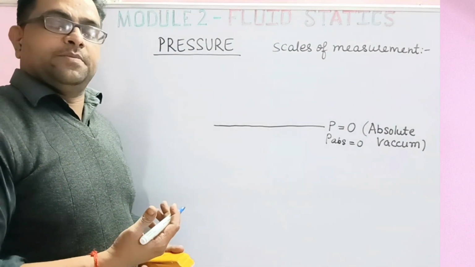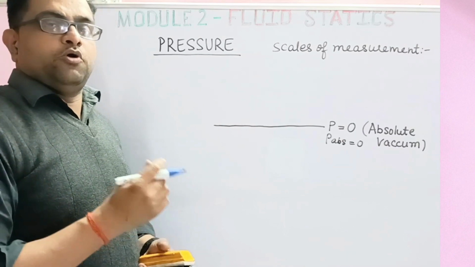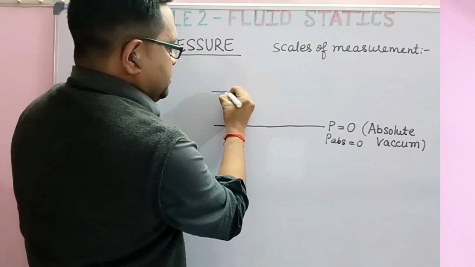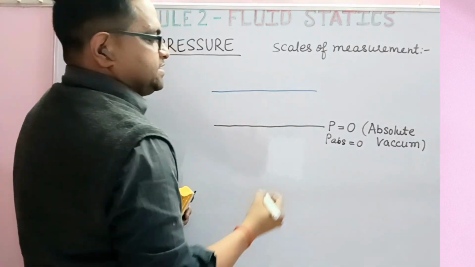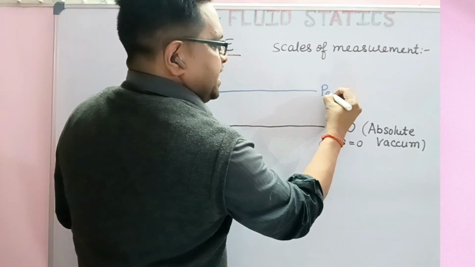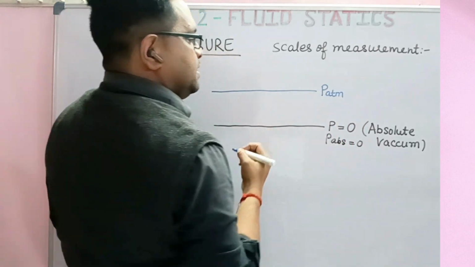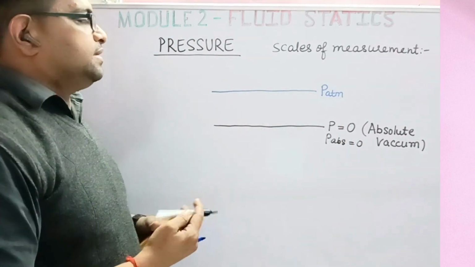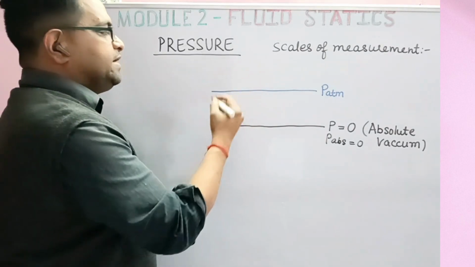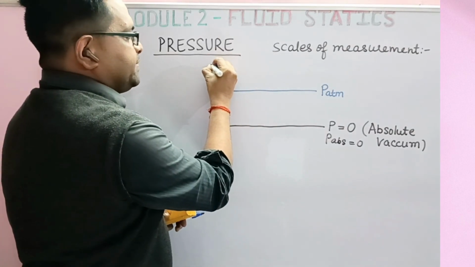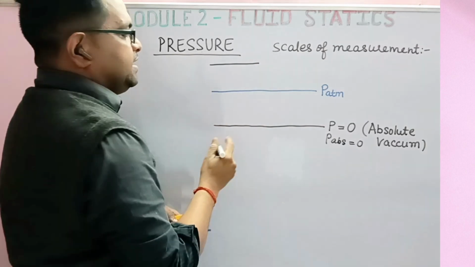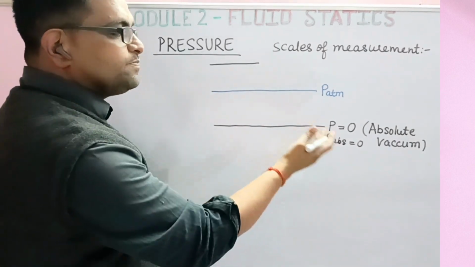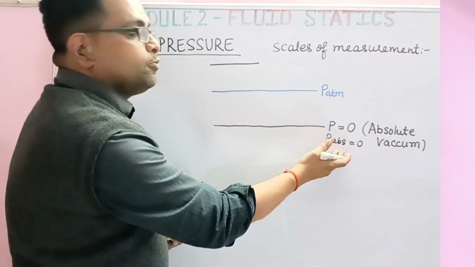The value of atmospheric pressure, P atm, is 101.325 kilopascal. So let us say that this line represents atmospheric pressure. So this is your P atmospheric. Now, if the pressure lies above the atmospheric pressure, we can represent it by this line. In this case, the absolute pressure is measured with respect to the absolute vacuum or zero pressure.